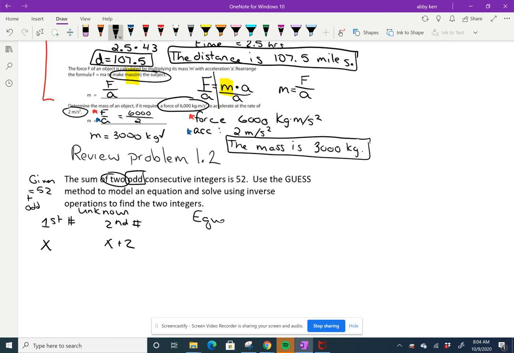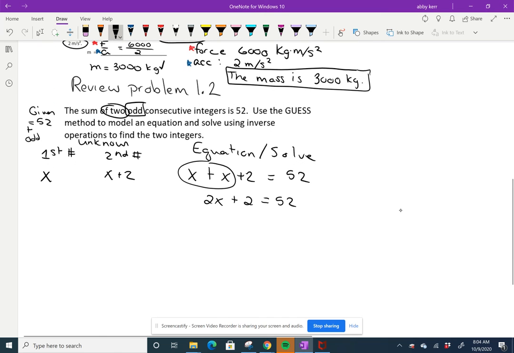So then our equation and solve. Put the pattern together to make an equation. So we have x plus x plus 2 equals 52. Combine like terms, so we have 2x plus 2 equals 52. And now we just have a two-step. We minus 2 on both sides. Divide by 2.